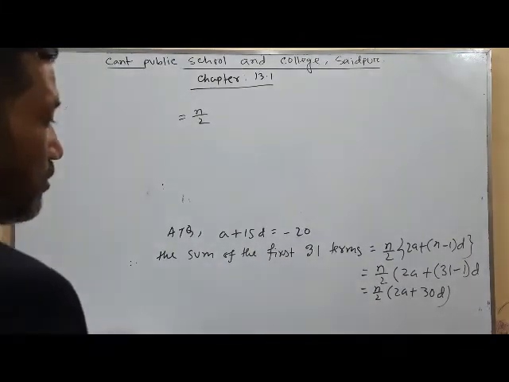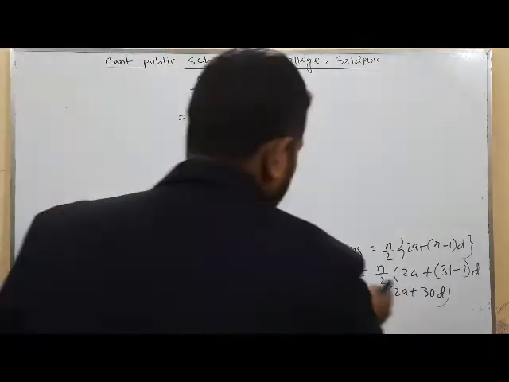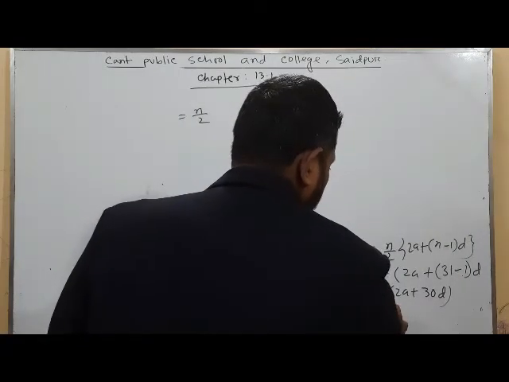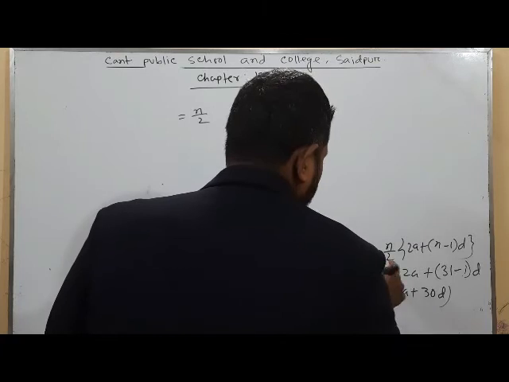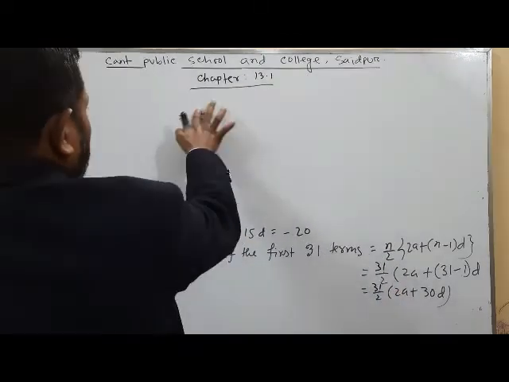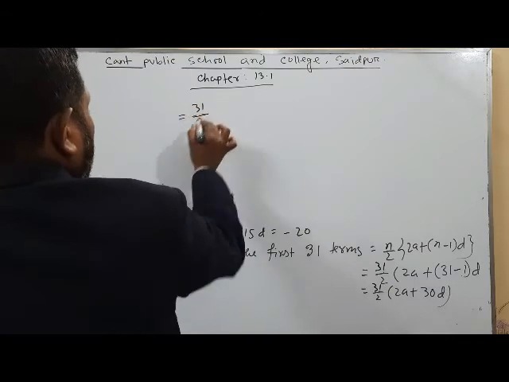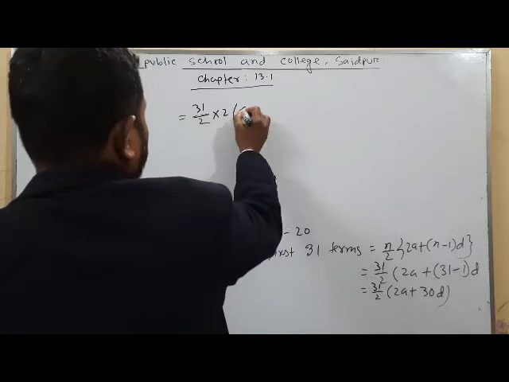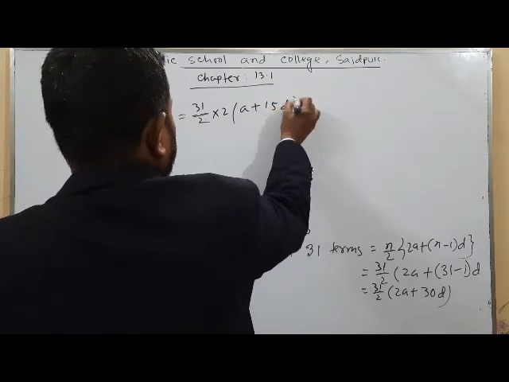Dear learners, here we have 31 terms, so the value of n will be 31. So 31 by 2. If we take 2 common here, then we get A plus 15D.